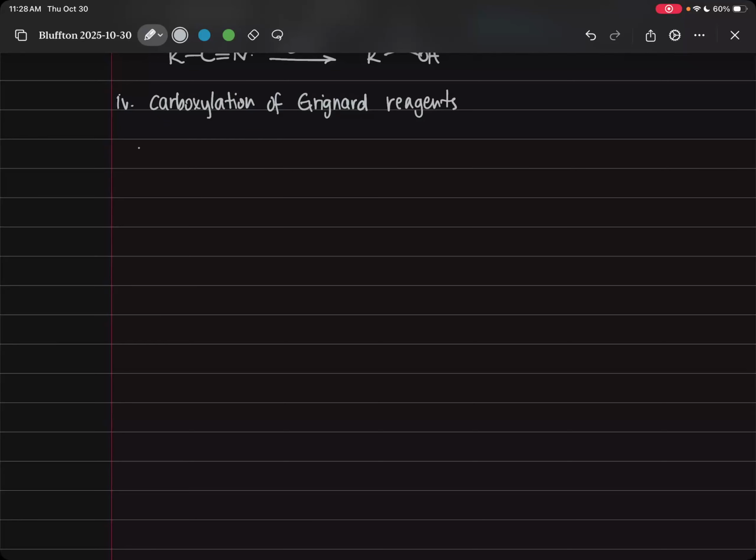So we know that a Grignard reagent is R-MgBr, which we make from the alkyl halide, we add magnesium, et cetera, but for this part, we'll just start with the alkyl magnesium bromide.